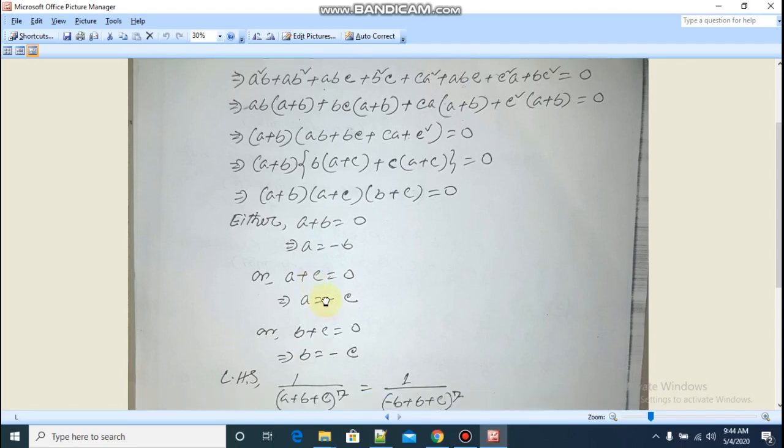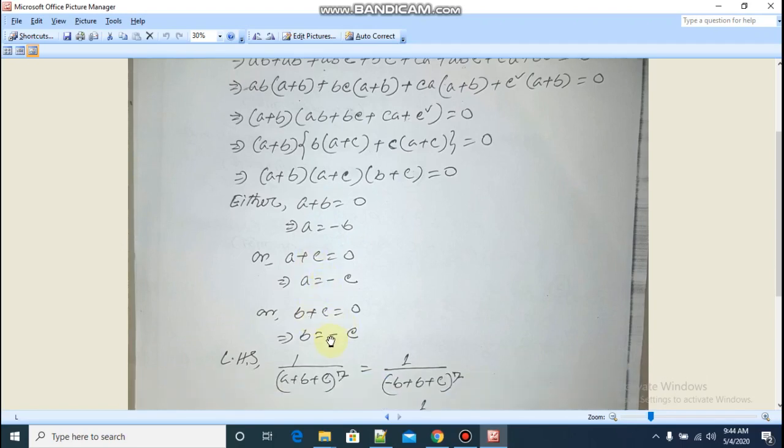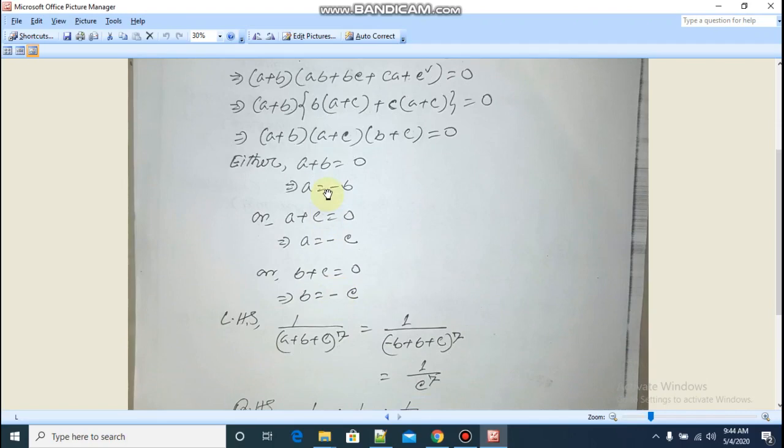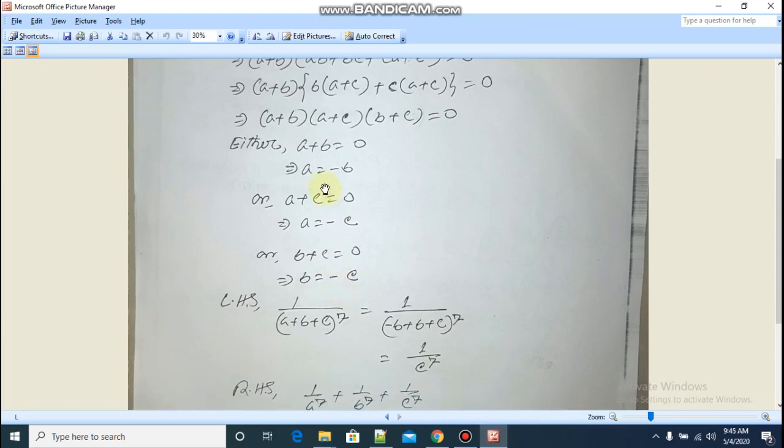From this we get a equals minus b. From this we get a equals minus c. From this we get b equals minus c. But we can use one of them. From these three relations we use one of them. Here we use a equals minus b.